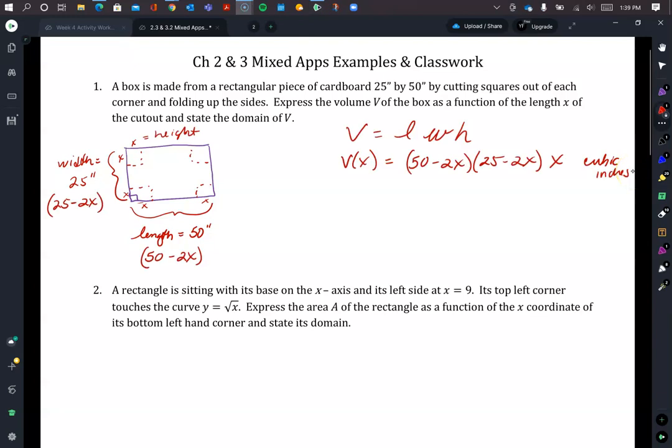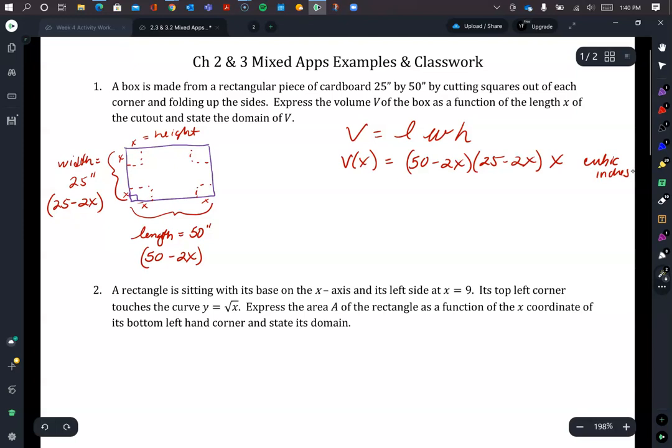Okay, so what I've written up here is 50 minus 2x would be this piece here after I make the cuts. That's what's left of my edge of cardboard, so to speak, and then those are going to flip up. And the width would just be this little piece right there that I'm highlighting. And that would be 25 minus 2x.